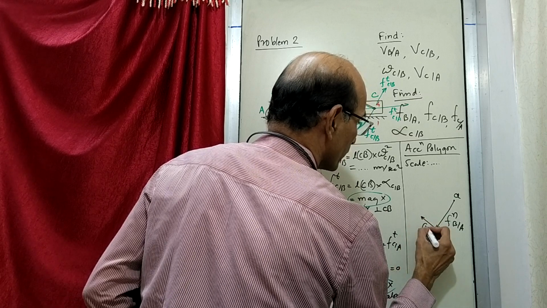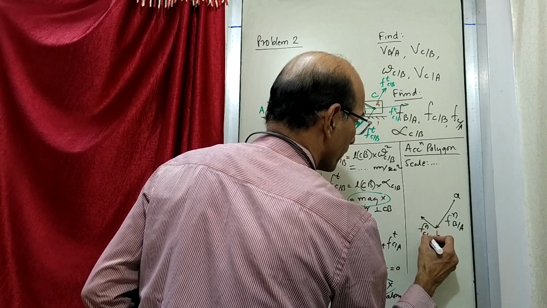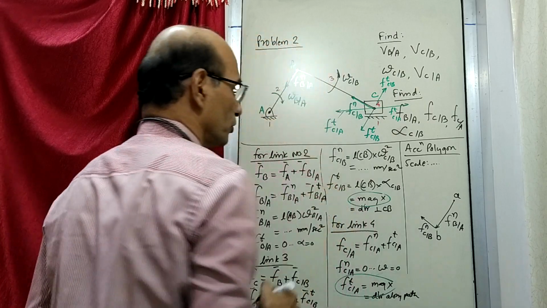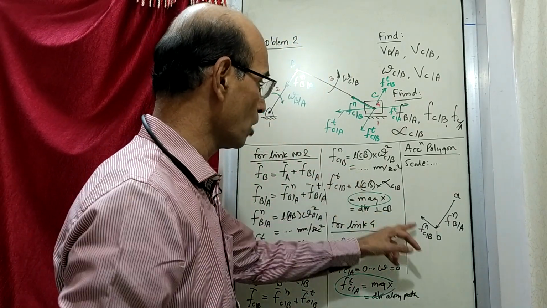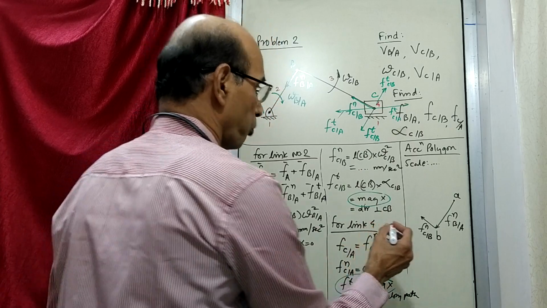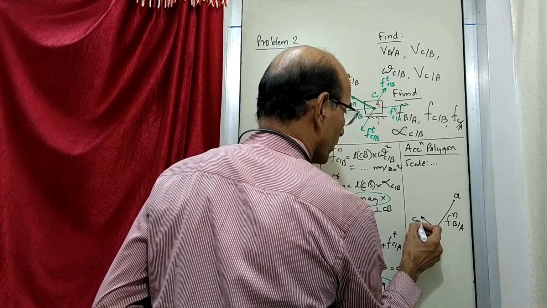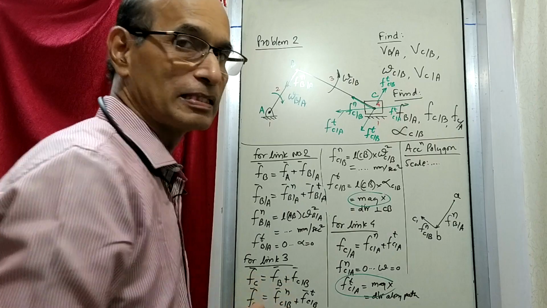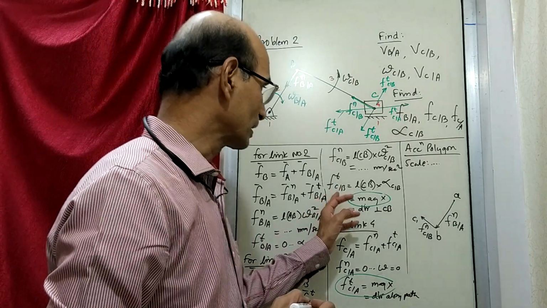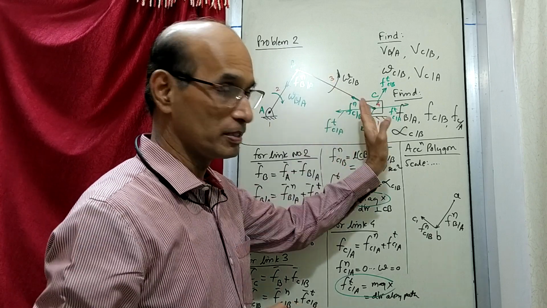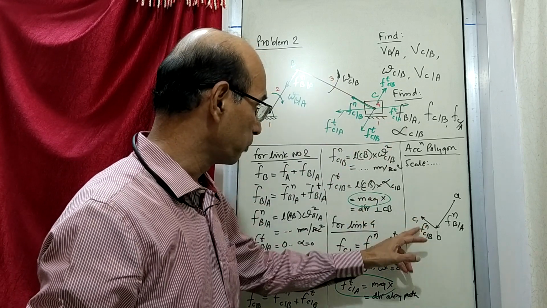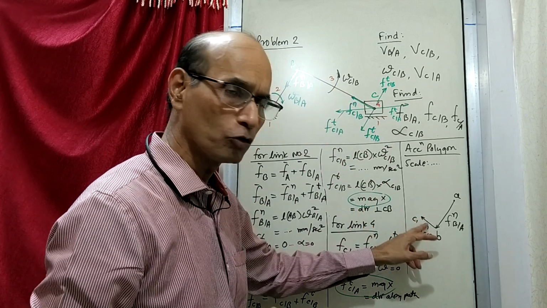This is f normal of C relative to B. This one, f normal of C relative to B we have shown, and this is point intermediate c, so c1. This is not final c. Now the second vector, this vector is perpendicular to link CB. So we have to draw a line perpendicular to link CB, means perpendicular to normal.